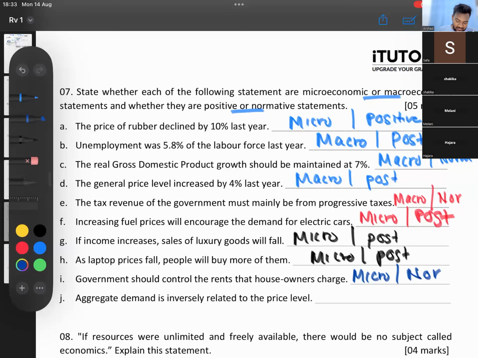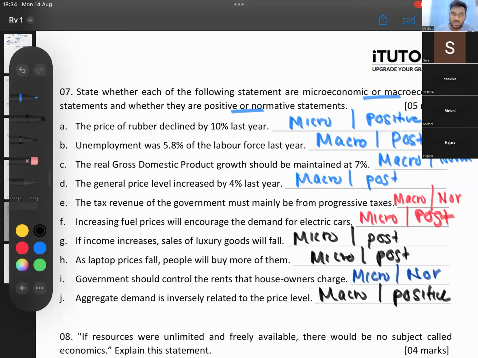Normative. Last one: aggregate demand is inversely related to price level. Aggregate demand, macro. Positive, right? It can be proven or disproven. So that is about micro and macro, and positive and normative. I put it all together.